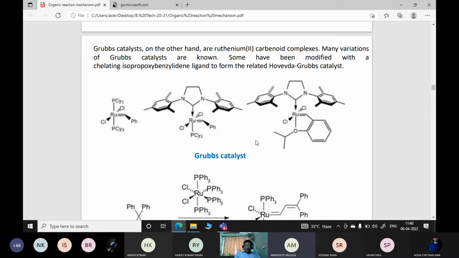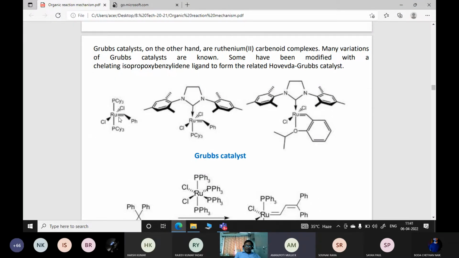What is Grubbs' catalyst? This is a ruthenium-based complex. I think all of you know ruthenium forms octahedral complexes. And here you see two tricyclopentyl phosphine groups attached to the ruthenium and two chloro ligands.